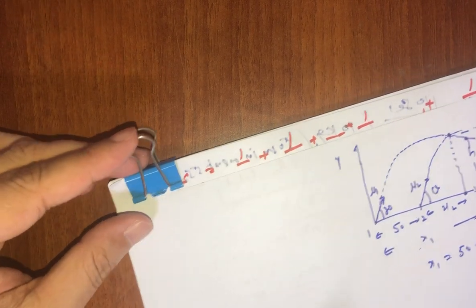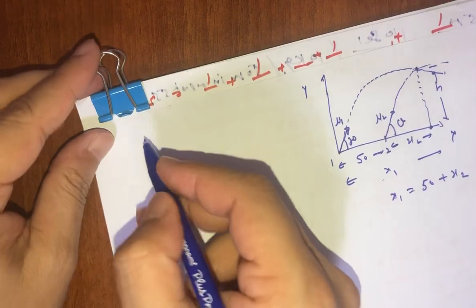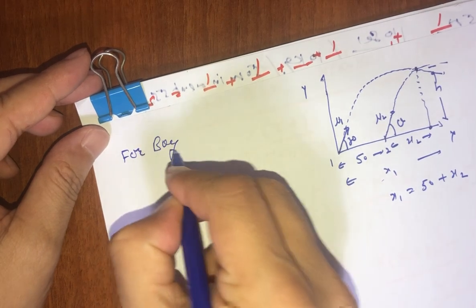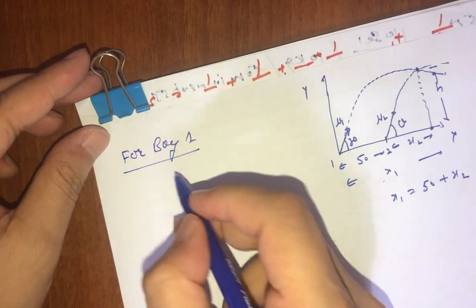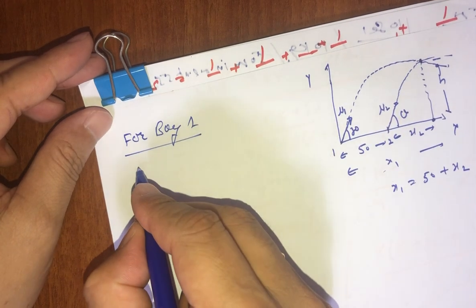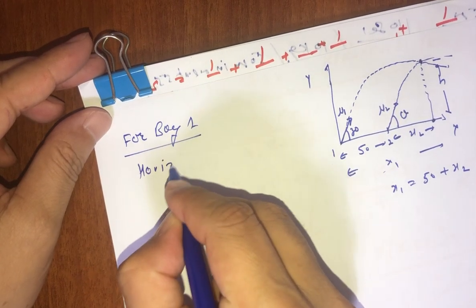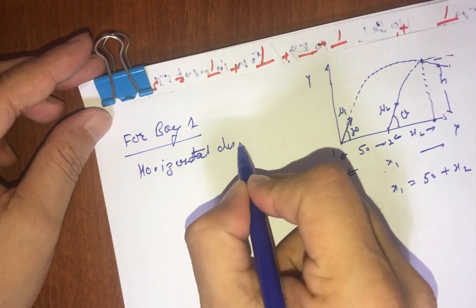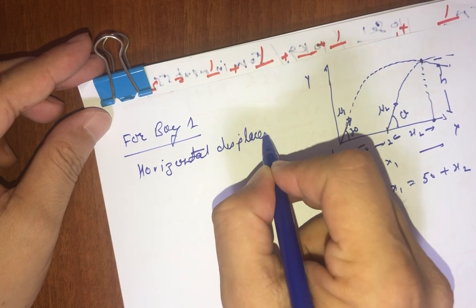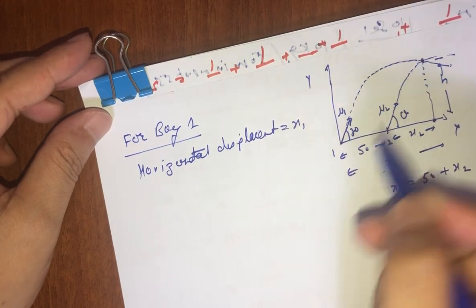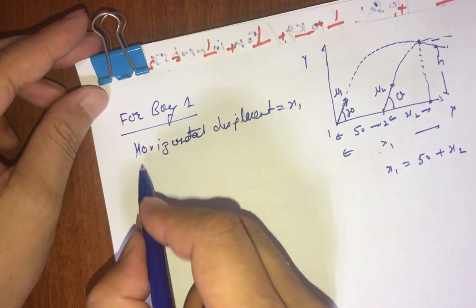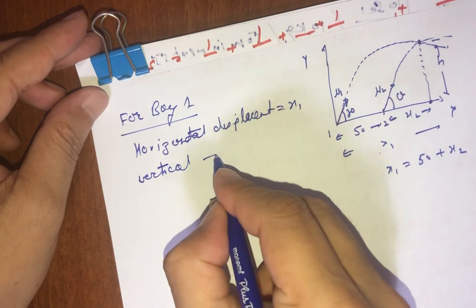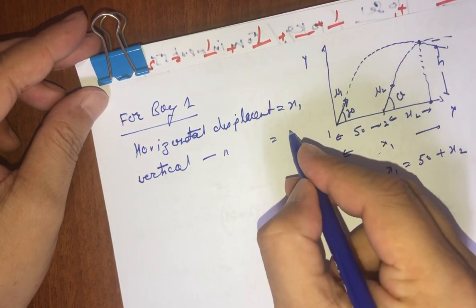So let's find out what are the various things which can be found out by the basic information that is given in the question. So we are going to start from the boy 1. For boy 1, the horizontal displacement x1, vertical displacement is h.